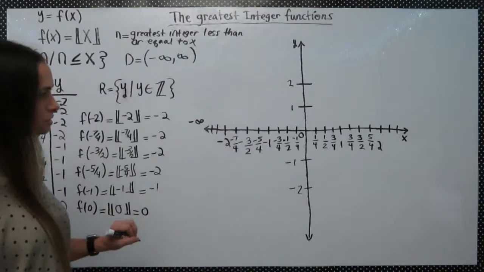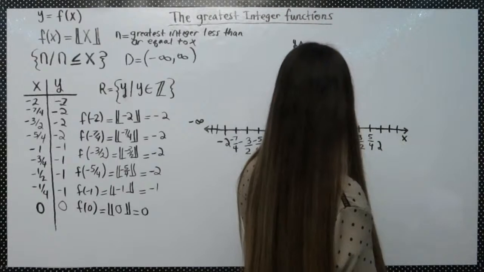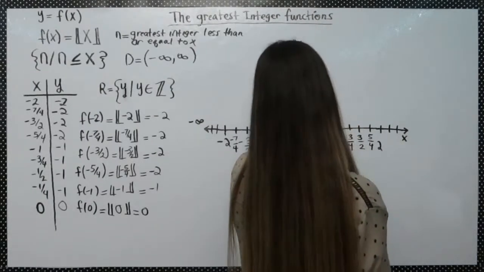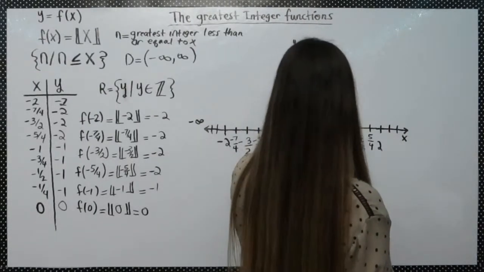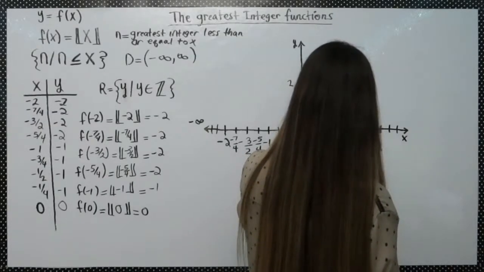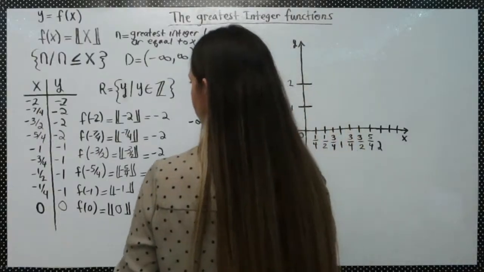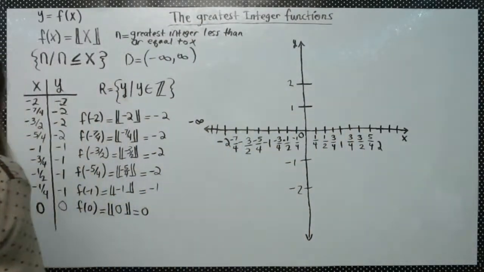And then, so it continues. And then with 1/4, 1/2, 3/4, the greatest integer less than or equal to 0 is 0. So for all of those, I'm just going to get 0.